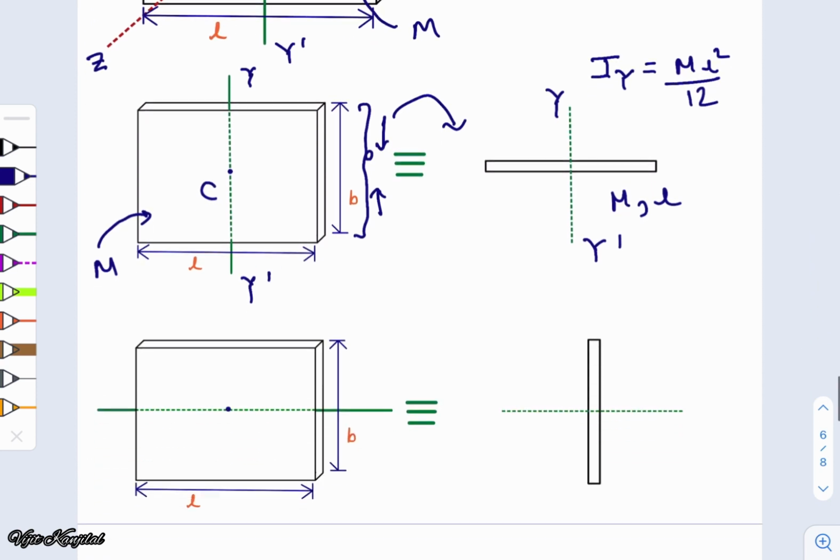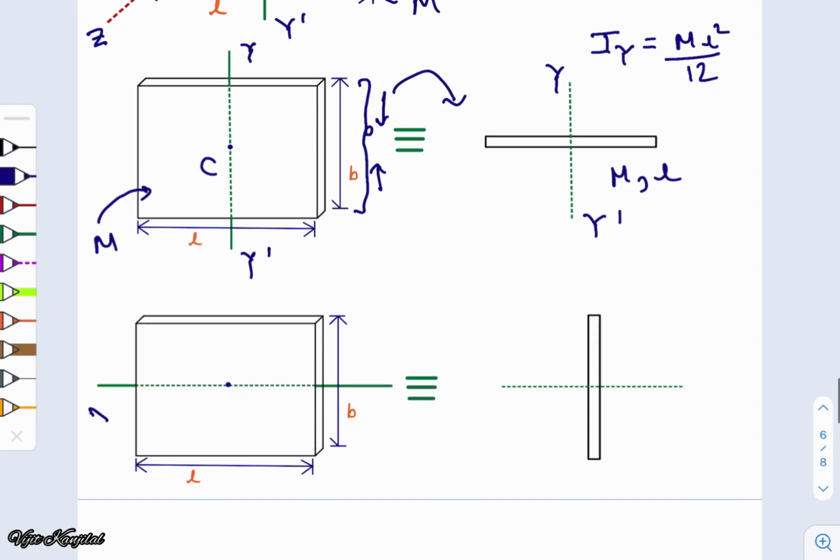Similarly, when we try to calculate the moment of inertia of this thin rectangular plate with respect to the x x dash axis, what are we going to do? We are going to again shrink the dimension which is parallel to the axis of rotation. That is, we are going to shrink this particular dimension. So what do we have?